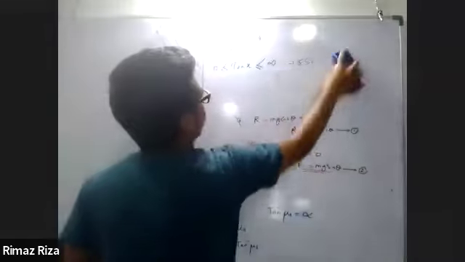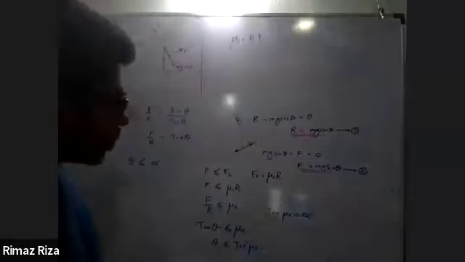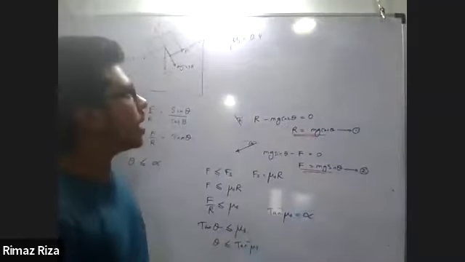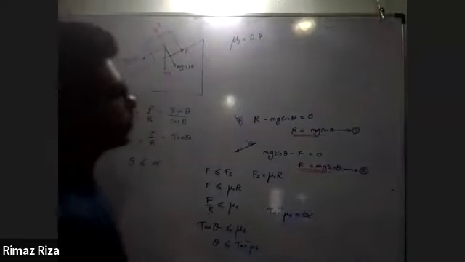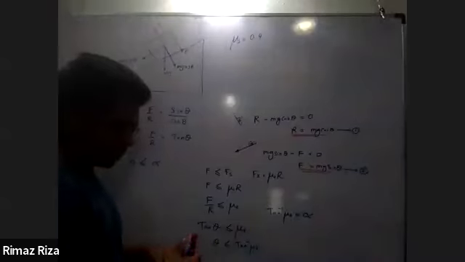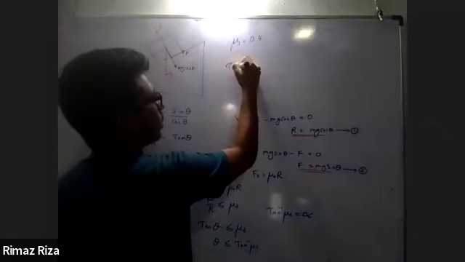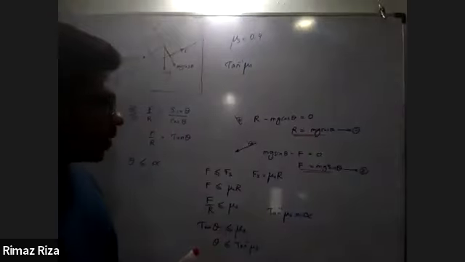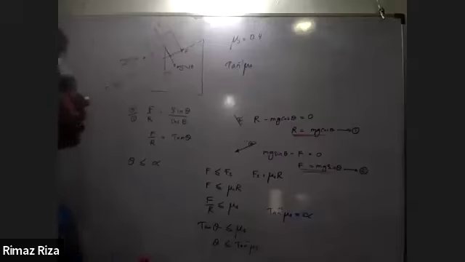Okay, so let's write this down. Here alpha is the angle that corresponds to tan inverse mu s.